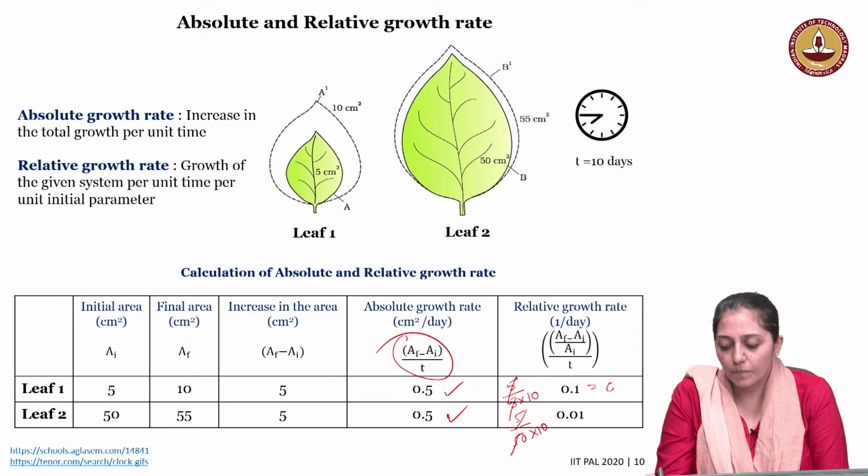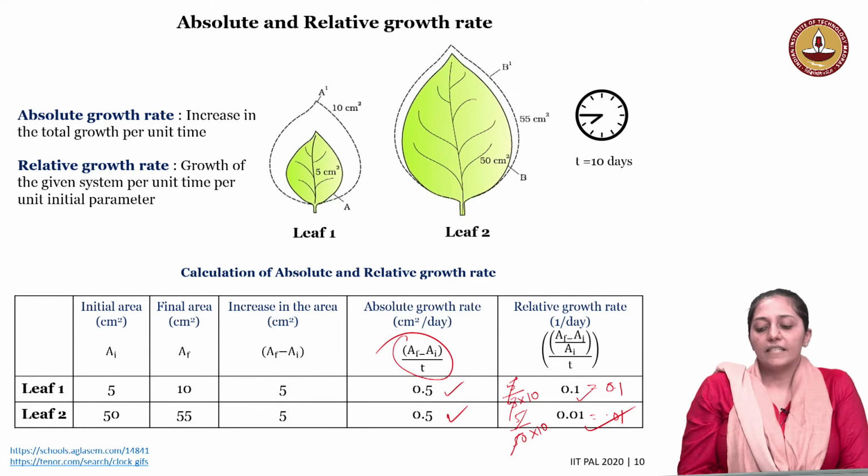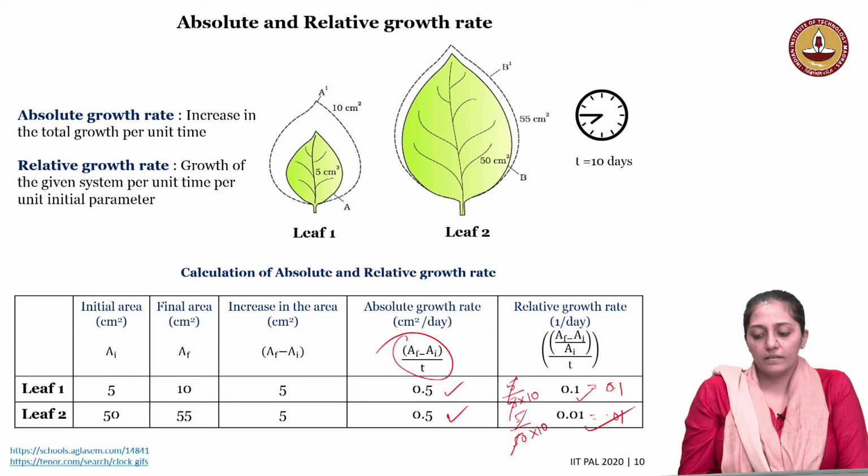So, here it becomes 0.1 and here it becomes 0.01. Now you can see that in terms of relative growth rate, leaf 1 has a higher relative growth rate than leaf 2. So, this can be used for making comparisons.